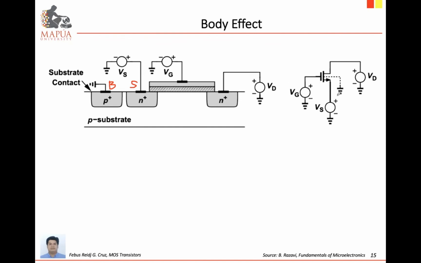If you measure the voltage between the source and bulk, we have here a voltage VSB. As compared to when the source is directly connected to ground: if the source is grounded and the bulk is also grounded, then the potential difference between the source and bulk is equal to 0. If there is a voltage between the source and the bulk, then there is what we call the body effect.